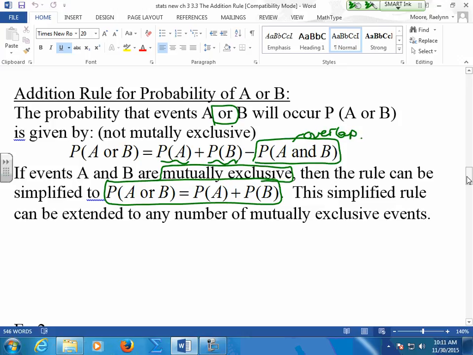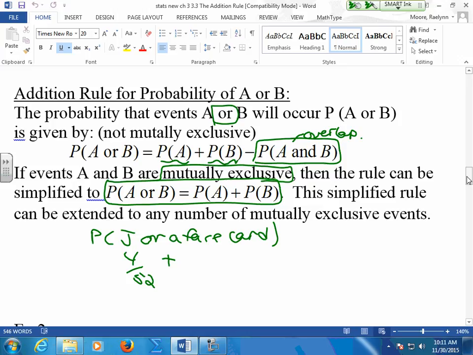So for instance, the probability of getting a jack or a face card. What's my probability of getting a jack out of a deck of cards? 4 out of 52. Now, can these happen at the same time? Can I pull a jack, a face card that is a jack, in fact? What's my probability separately of a face card?